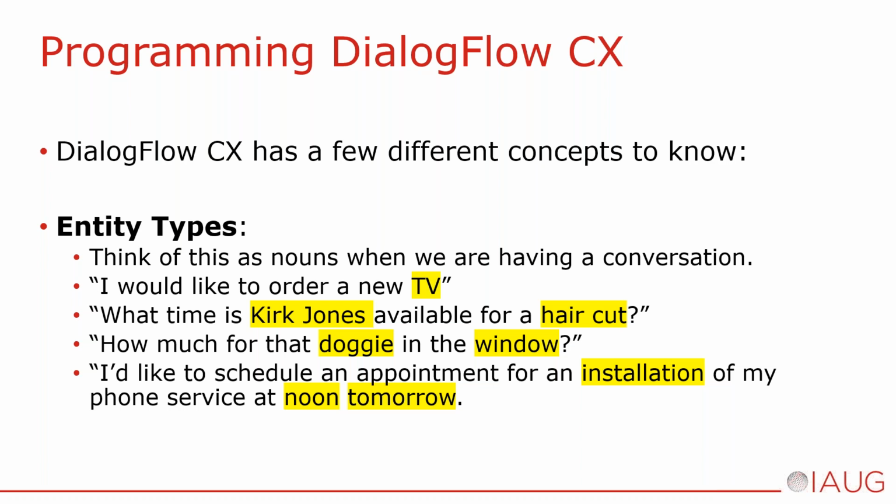Then I could make a decision on that, and I could give back different times of day depending on what noun was given to me by the user talking. An example of that again is, I'd like to order a new TV, and TV is something I can trigger on so I can ask additional follow-up questions. Or the name Kirk Jones is something I'm searching for so I can look at his calendar versus somebody else's.